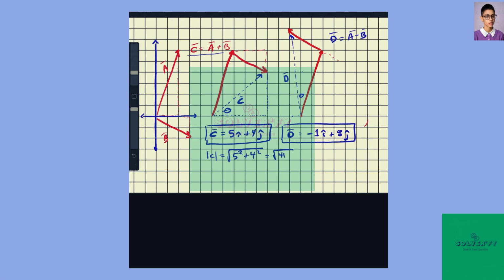And if we pull out our calculator and take the square root of 41, we get 6.40. The magnitude of D is going to be 1 squared plus 8 squared. Take the square root of that, and so that's the square root of 65, which is 8.06.